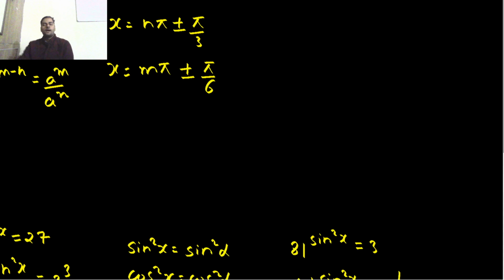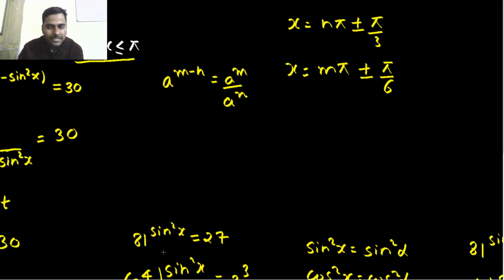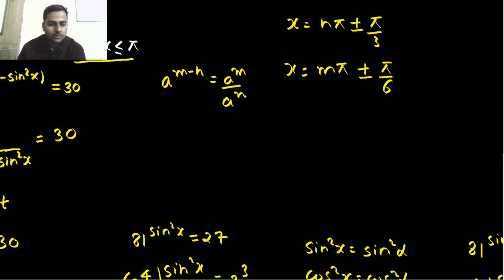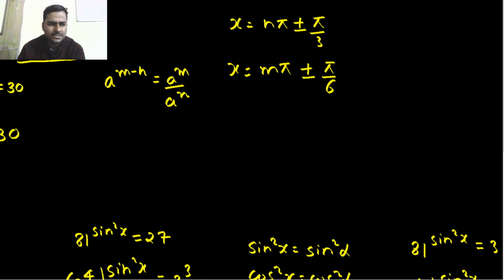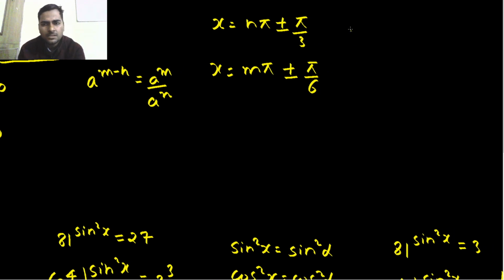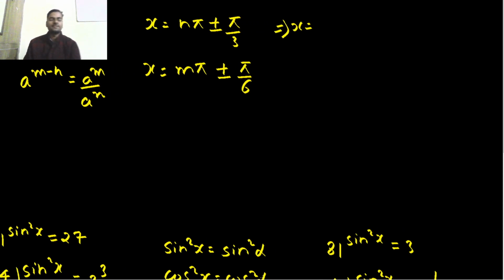The upper limit of x they are demanding is I think pi. Yes. So we can always put 0 here. So on putting 0, I will get 0 pi plus minus pi by 3.